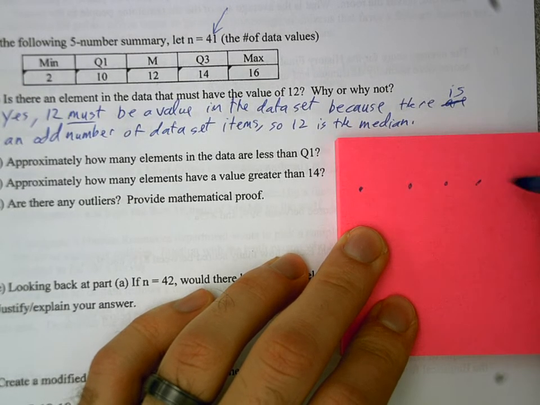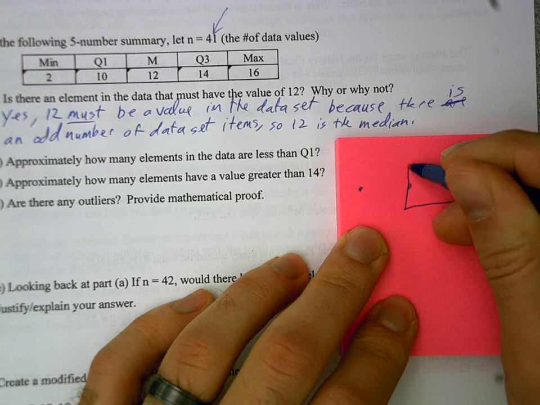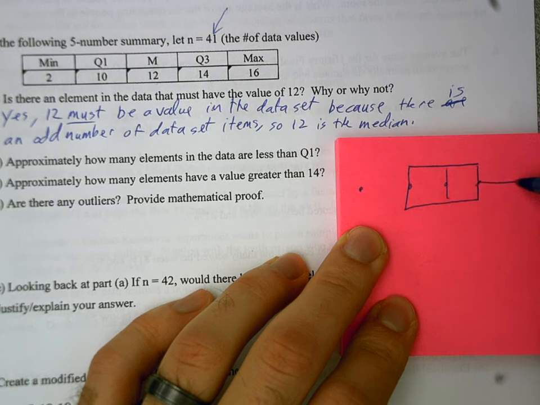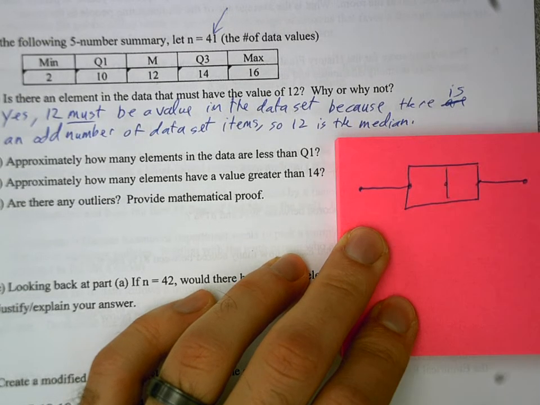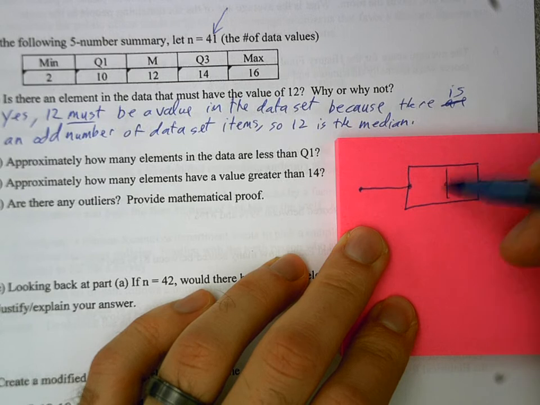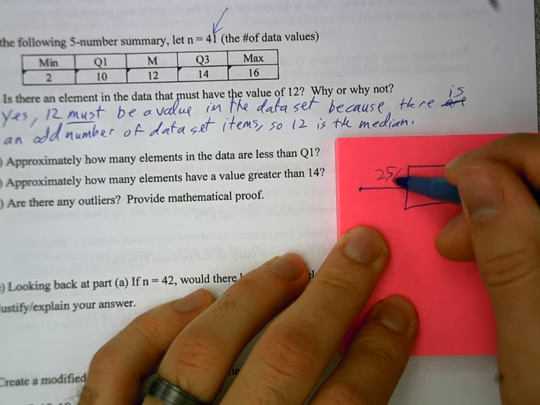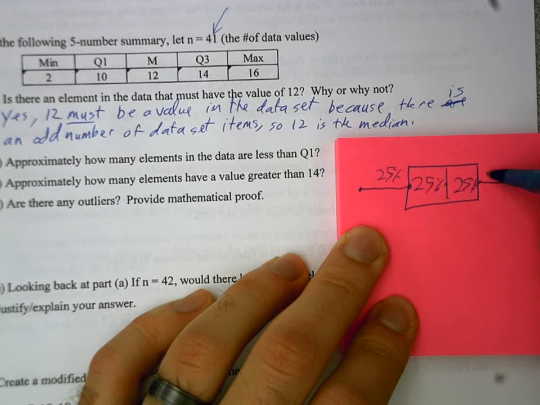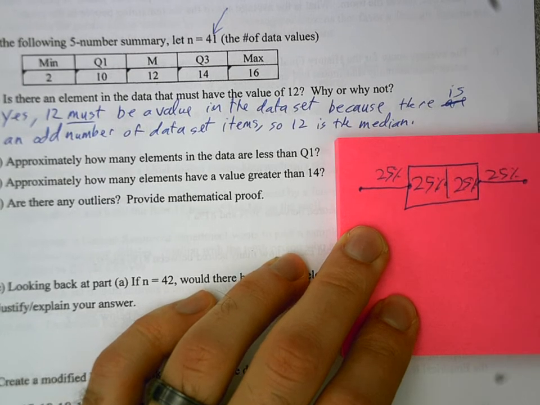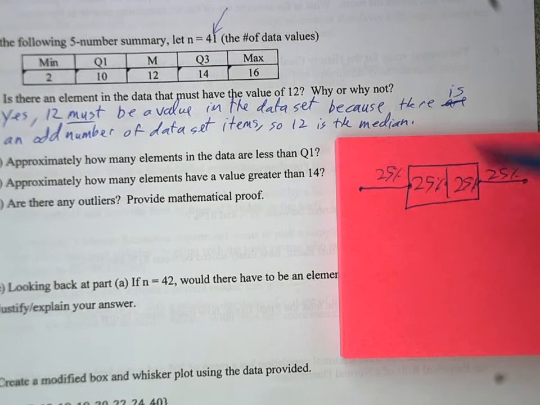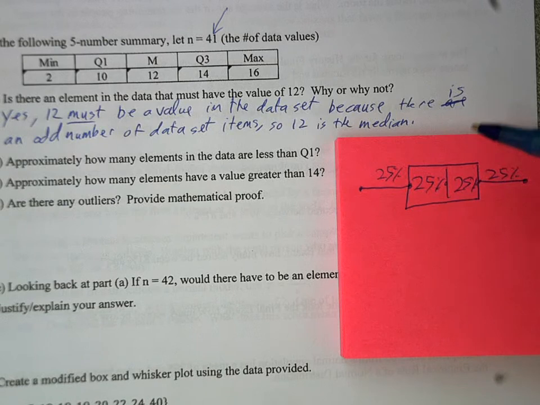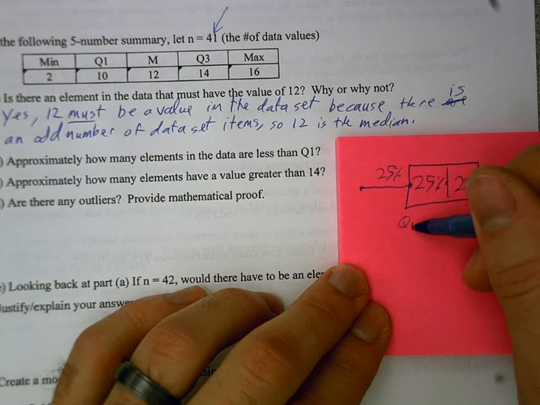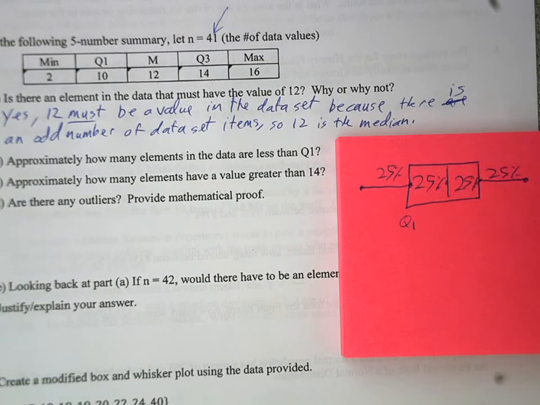If I have my 5 points, my box, whisker, each of those 4 sections is 25% of my data. 25%, 25%, 25%, 25%. So when they ask me approximately how many elements in the data set are less than Q1, what percent is less than Q1?